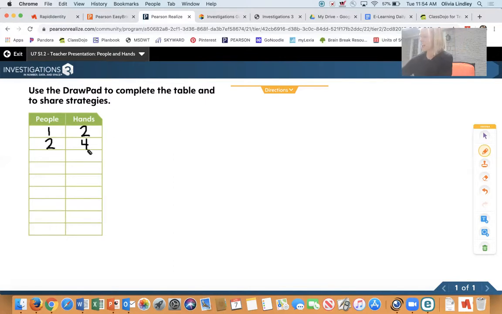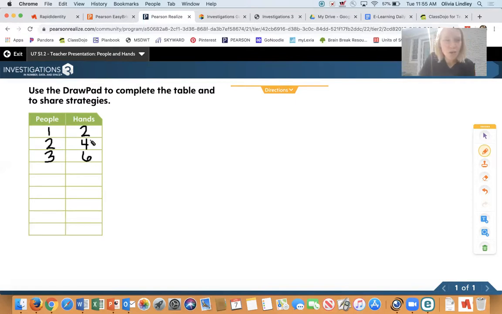Okay. And then let me add a person to my drawing here. As we keep adding more people, our number is getting bigger by 2. So now we have 1, 2, 3, 4, 5, 6. So if we have 3 people, we will have 6 hands.